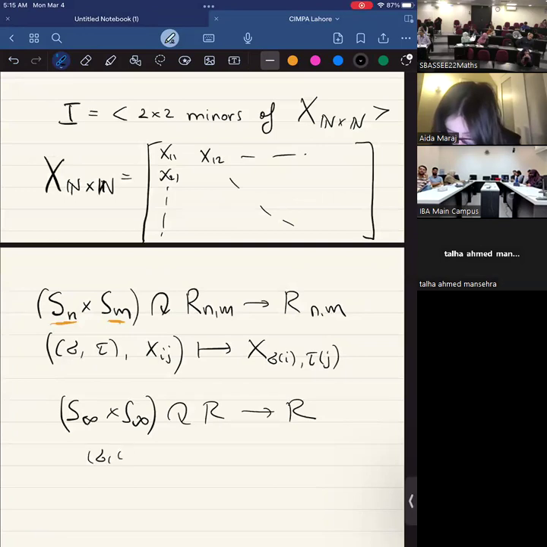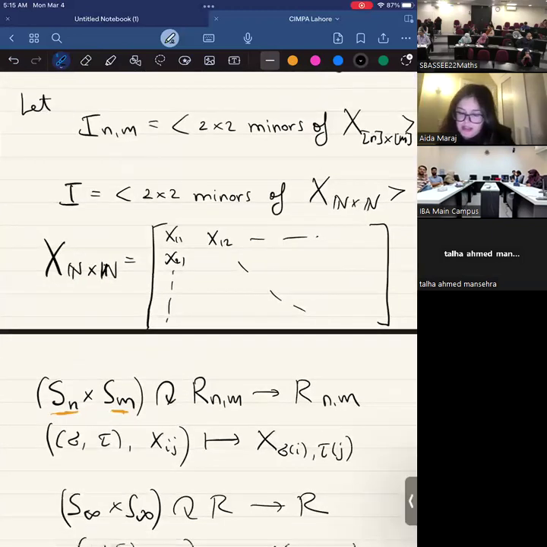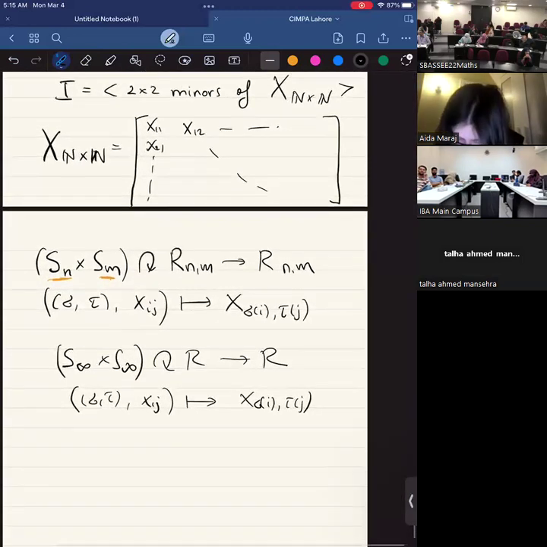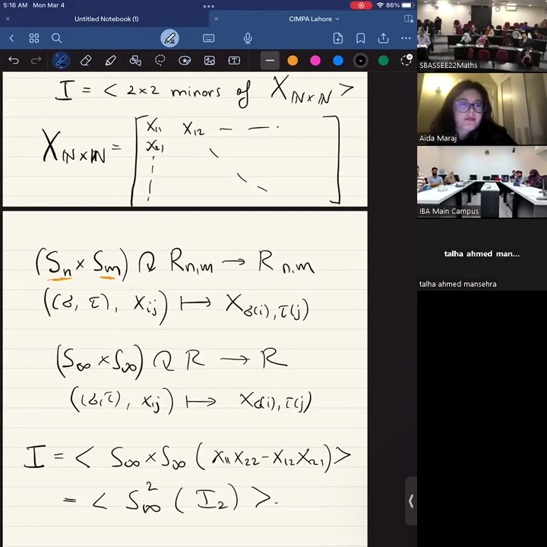With this convention, our ideal I is generated by the S infinity times S infinity orbit of just the first minor, or we can write it also as S infinity squared of I_2. So all this is good.